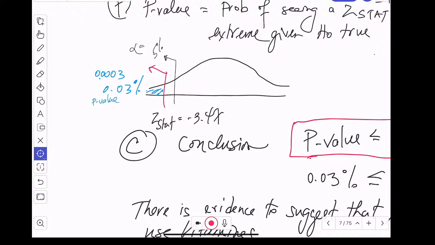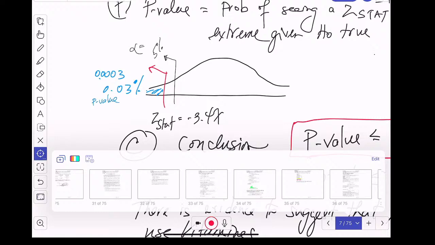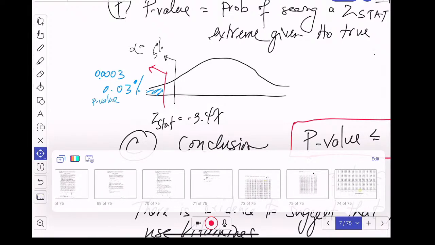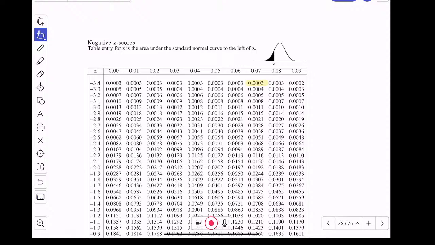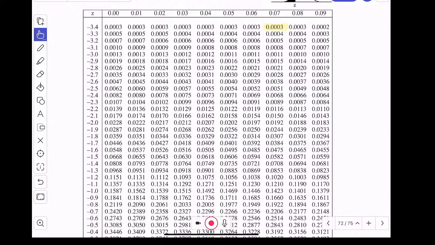So let's look at our tables for 5%. Notice that between here and here, we see the threshold negative 1.645, right?